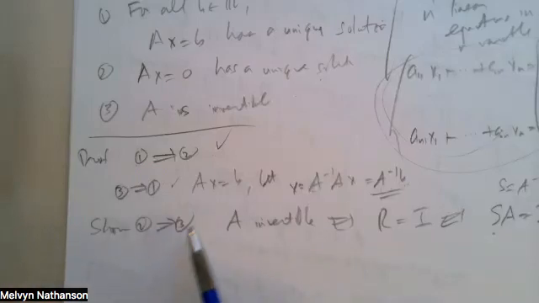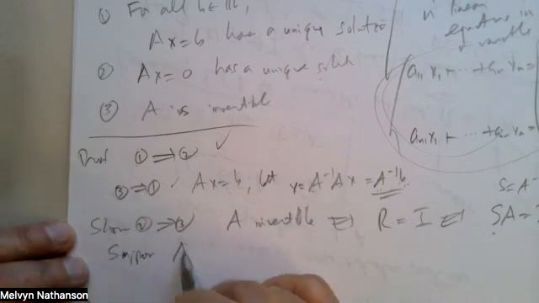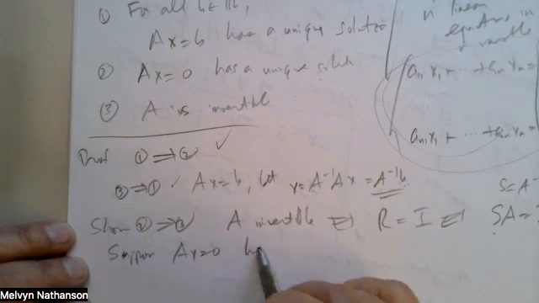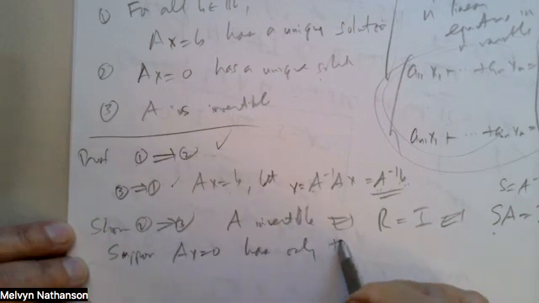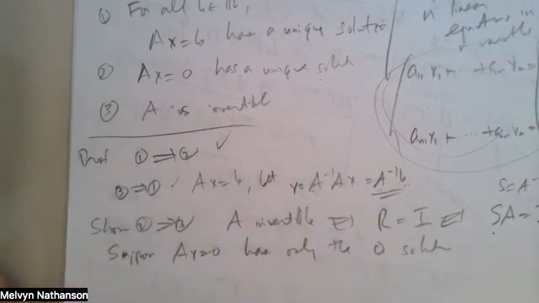So I want to show that if the homogeneous system has only the 0 solution, then the matrix is invertible. So suppose AX equals 0 has only the 0 solution.